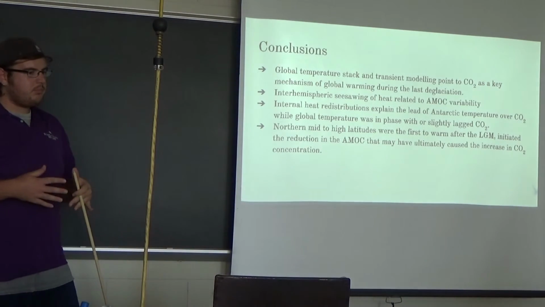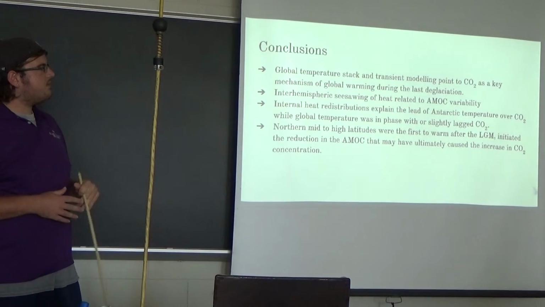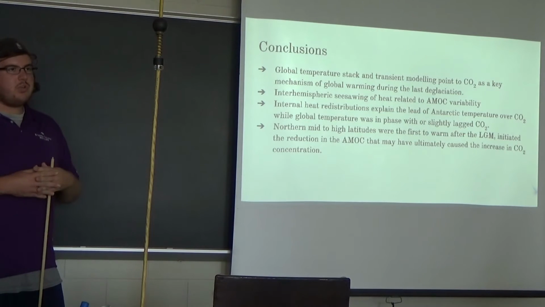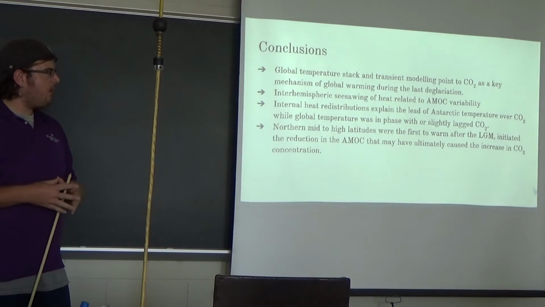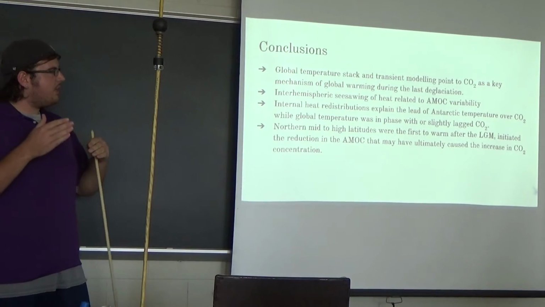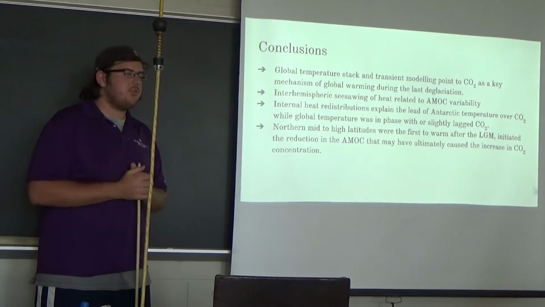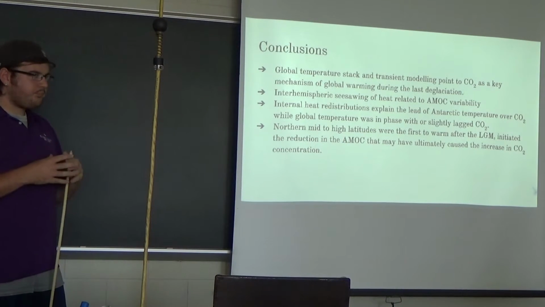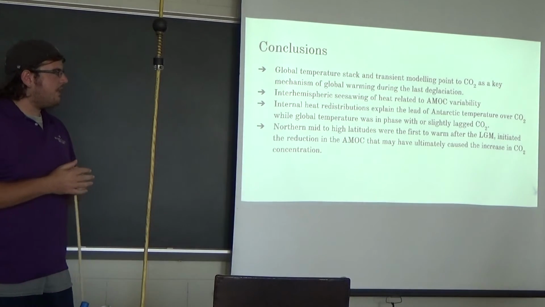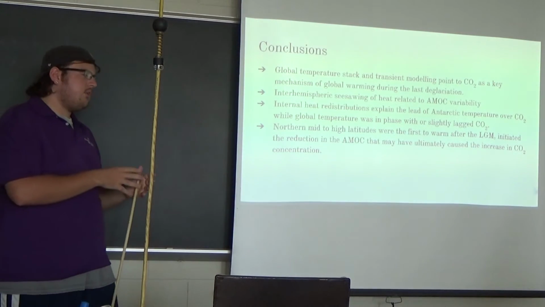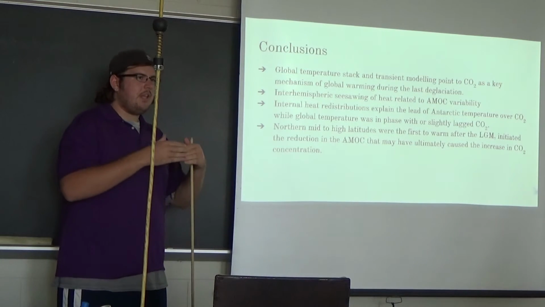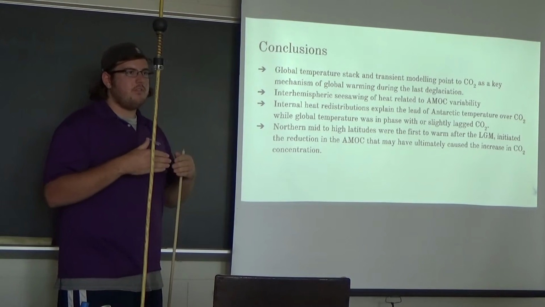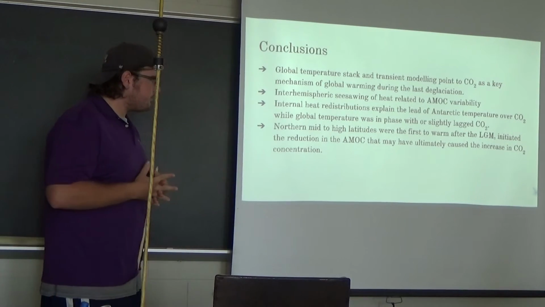So, concluding with that, they stated that global temperature stack and transient modeling, which is all the temperatures that we look at, point to CO2 as a key mechanism for global warming, but that inter-hemispheric seesaw, which is the differences between the northern and southern hemisphere, was directly related to the AMOC current variability as that current changed, and that Antarctica would have warmed up due to other processes than just CO2, but then that aided in pushing CO2 to be the large driver of warming in the northern hemisphere.